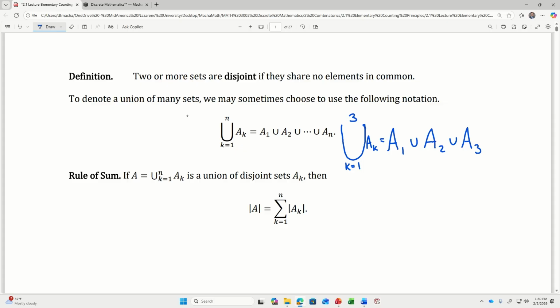Okay, so I bring that up because of the rule of sum. It says if a set A is a union of n disjoint sets, where I use a little subscript to say which set I'm talking about, well then the cardinality of A, which is like the number of elements in the set A, is the sum of the cardinalities of those disjoint subsets that we unioned together.